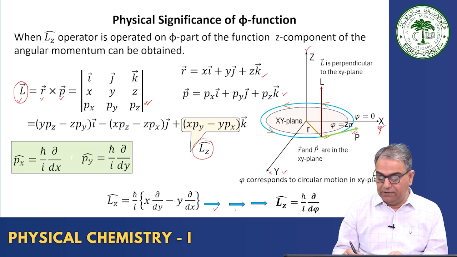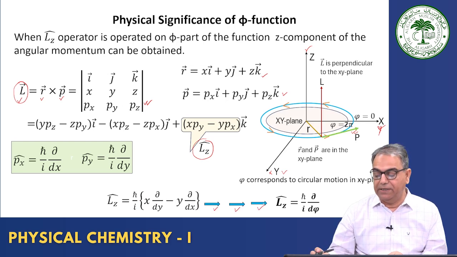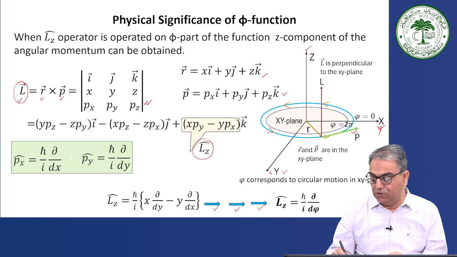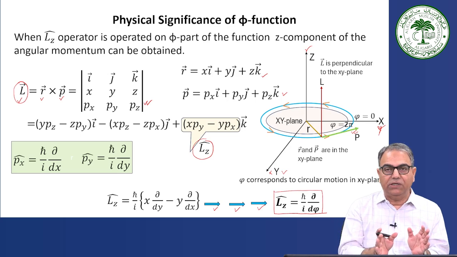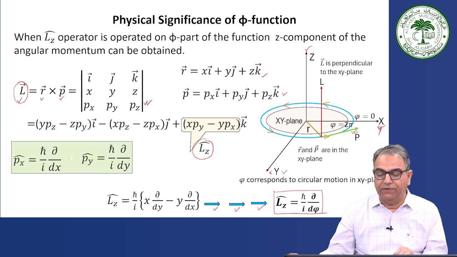If you do certain algebra, then in polar coordinates the z component of the angular momentum becomes h cross by i del by del phi. Okay. So we were talking about the solution of the rigid rotor. We found the phi functions, and now I am going to tell you the relevance of the phi function.